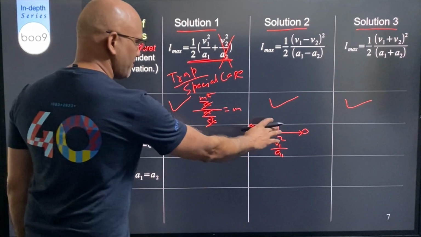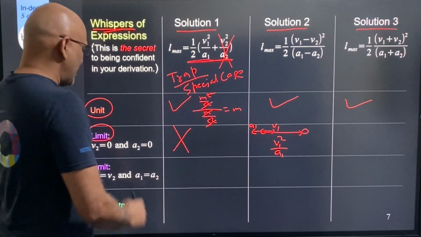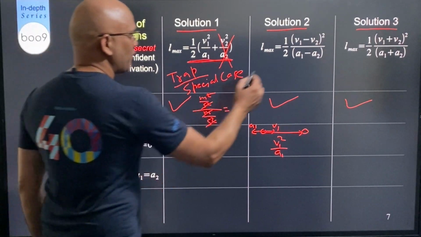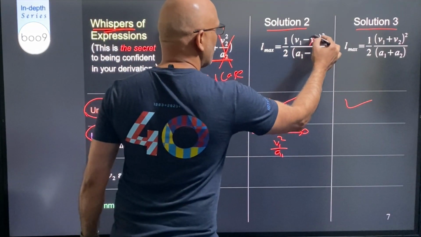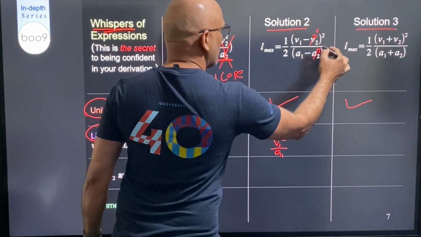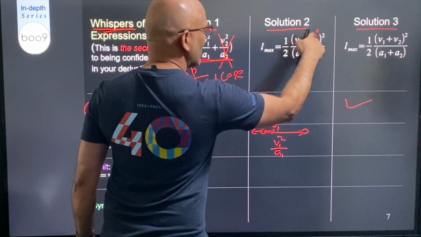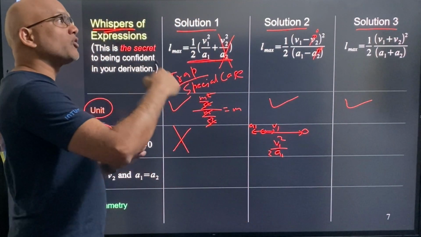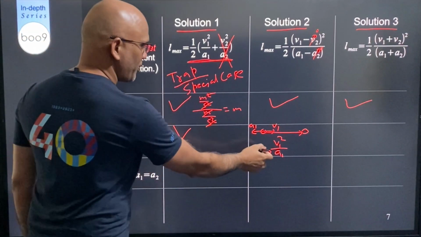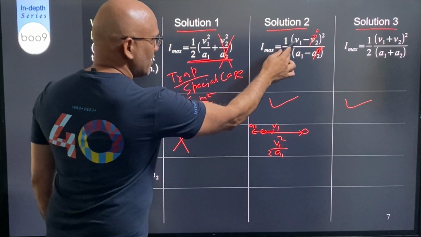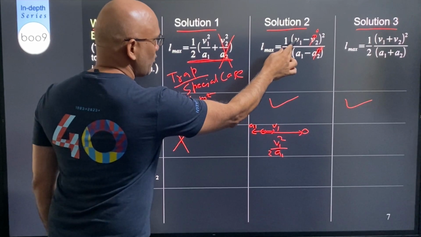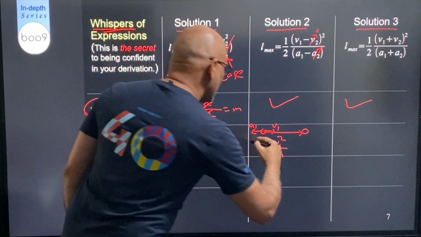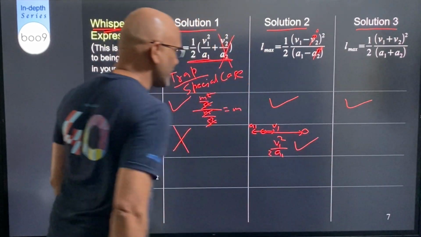This is a very simple derivation. Now if I put v2 is equal to 0 and a2 is equal to 0, I get v1 square by 2a1. Actually, I should get a 2 here. Remember, v square minus u square is equal to 2as, so there should be a 2 here, and I get the same thing here, v1 square by 2a1. So this checks.